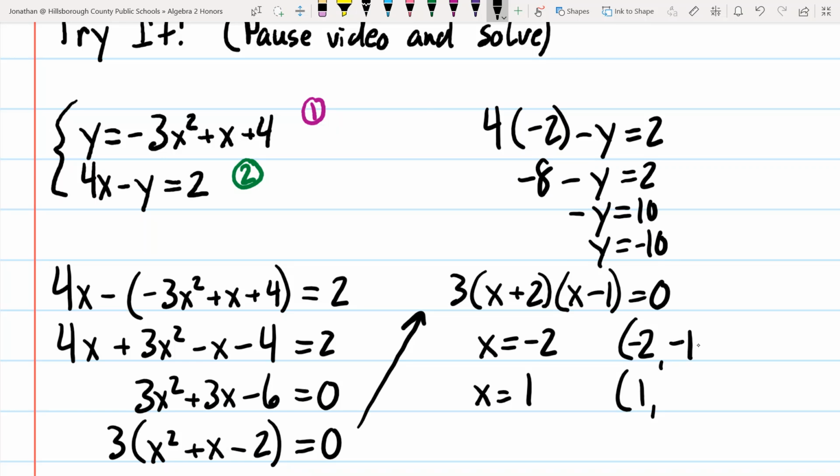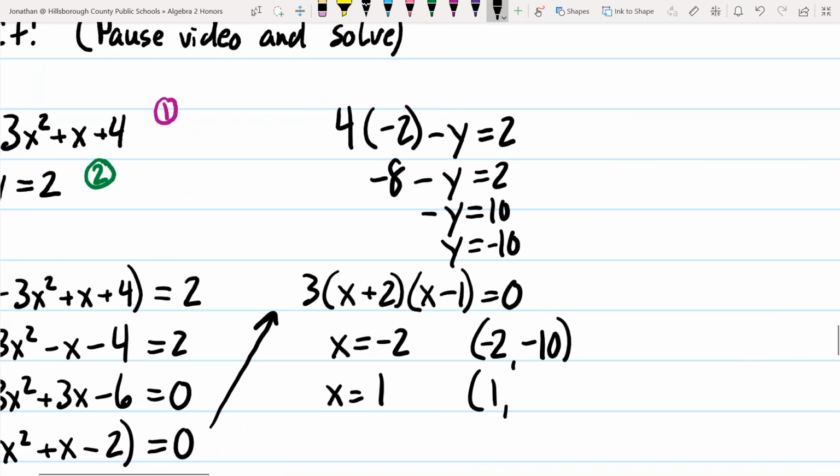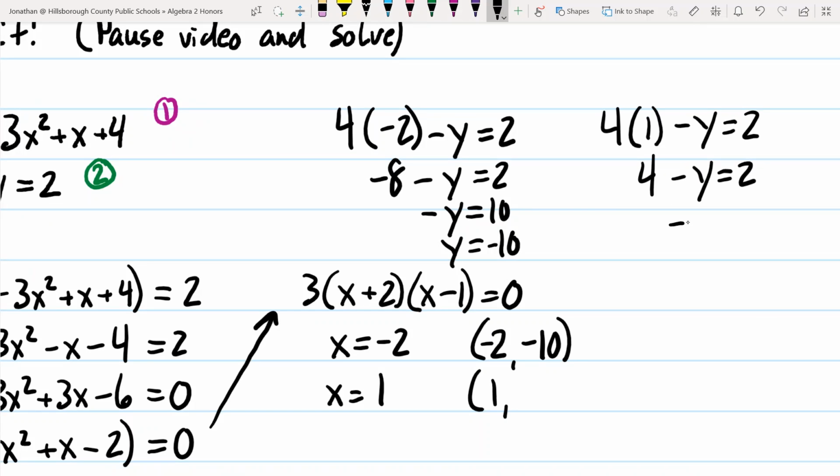Okay, so we have negative 10 for 2, and right next to that, I'm going to write the other one. And then we have 2 for this value. All right, and that's all there is to it.